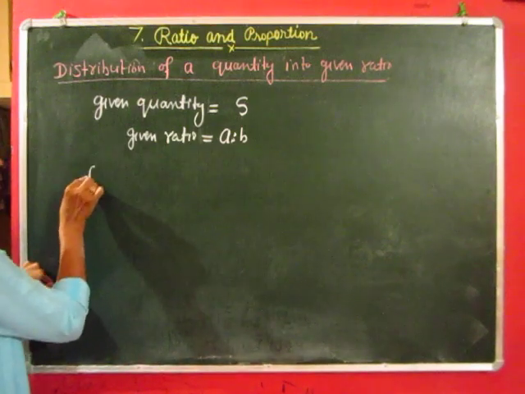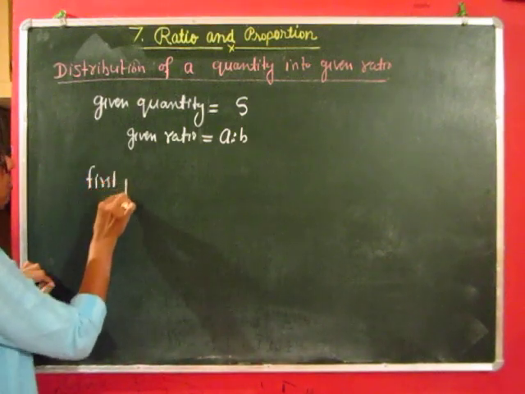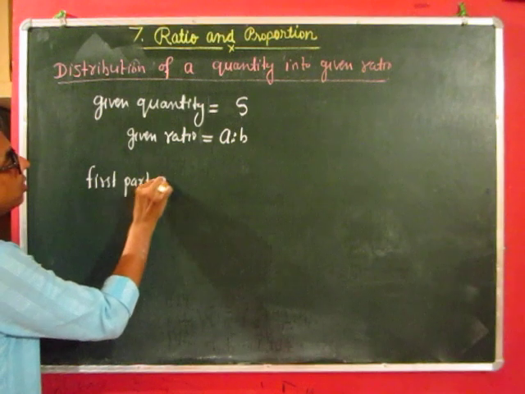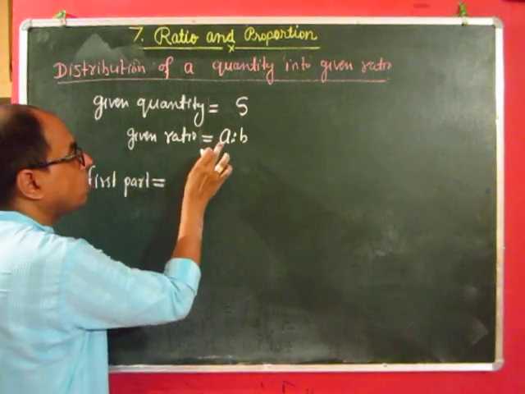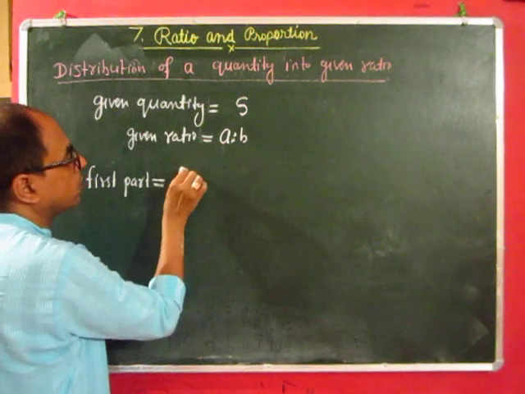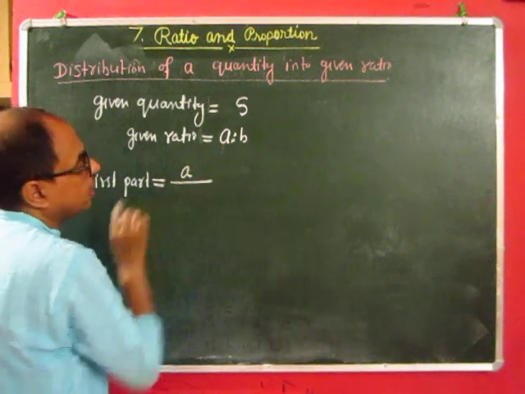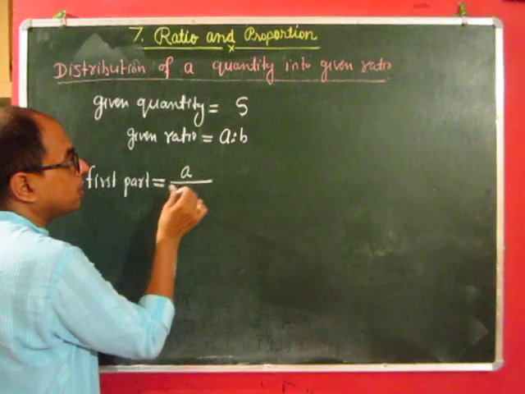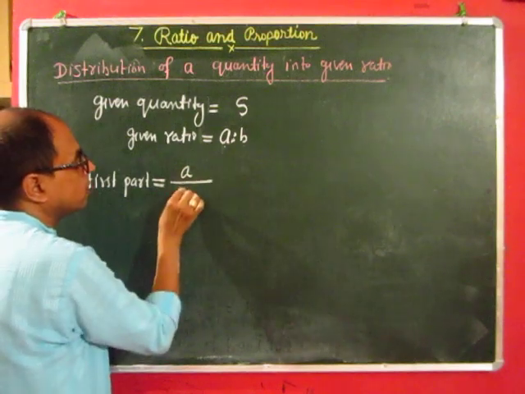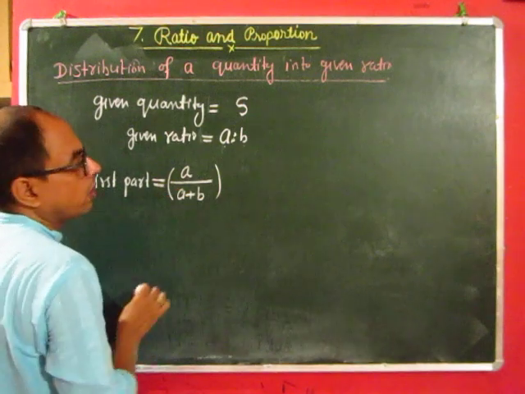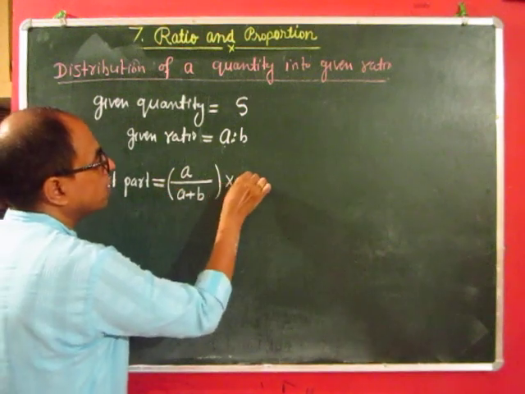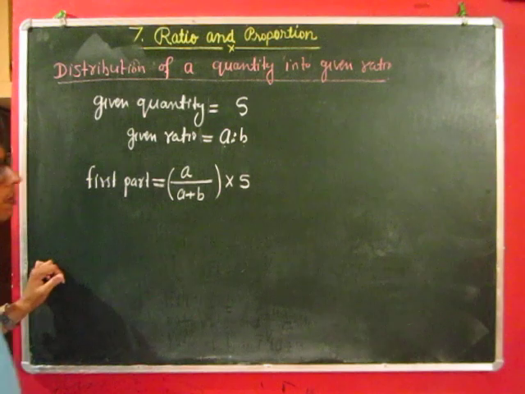So what will be the first part? The first part is equal to, in the numerator write the term corresponding to the first part, that is A. In the denominator write the sum of these two terms, A plus B, and multiply this fraction with the amount that we have to distribute.